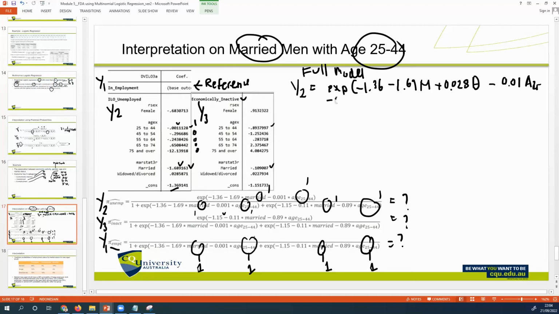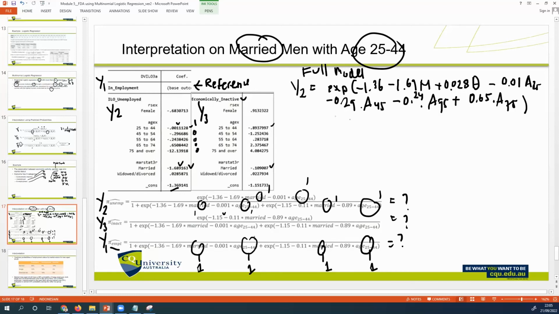minus 0.26 times age 45 to 64, minus 0.24 times ages 55, plus 0.65 times ages of 75 above.